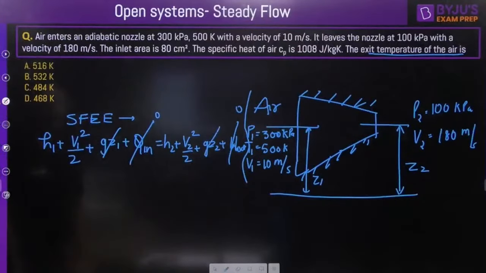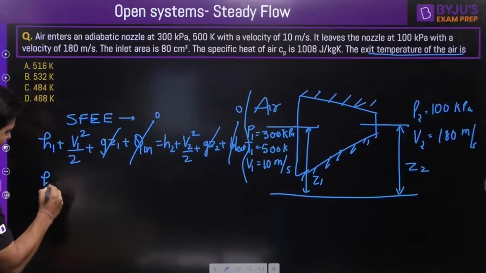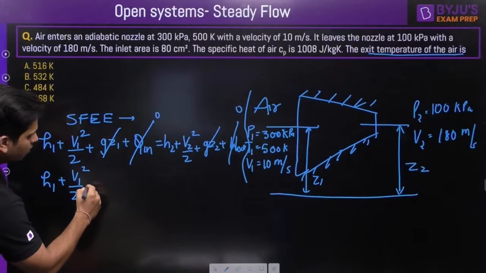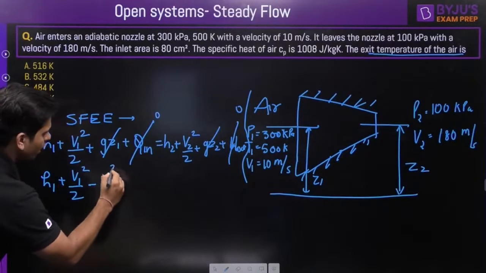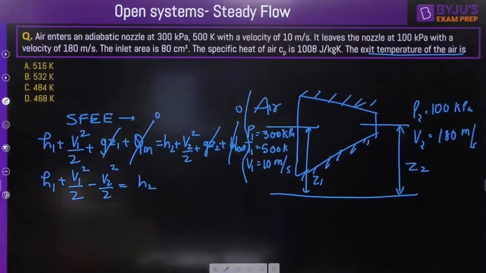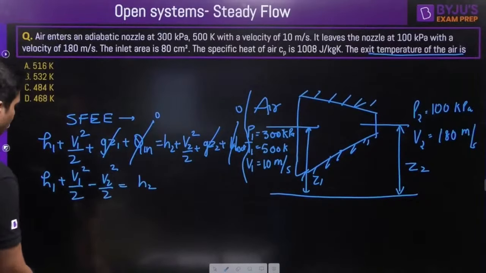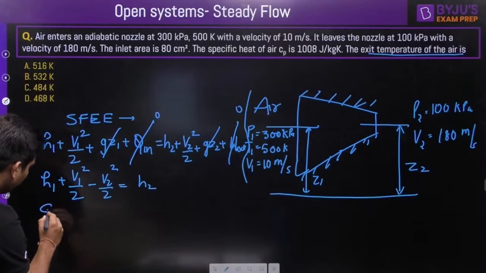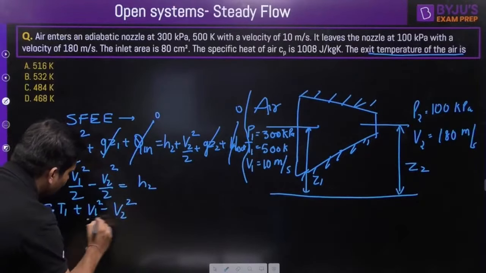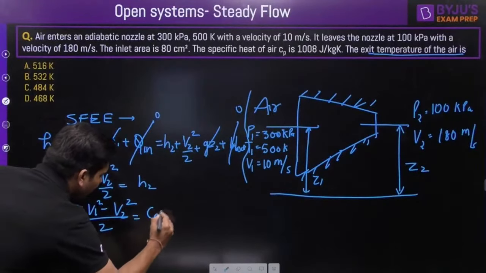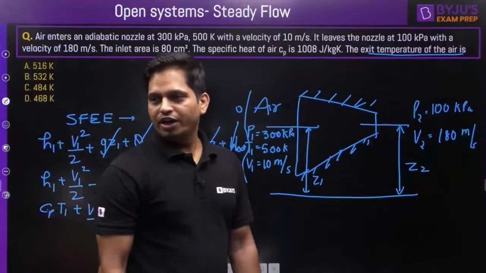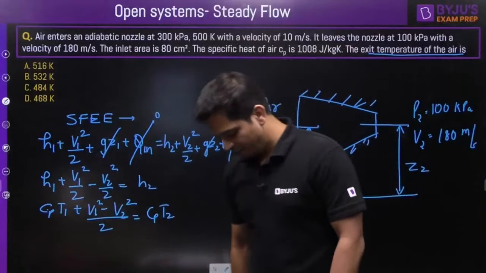Very quickly tell me, can I write H1 plus V1 square by 2 minus V2 square by 2 is equal to H2? Yes, I can. Now, can I write Cp T1 plus (V1 square minus V2 square) by 2 is equal to Cp T2? Yes.